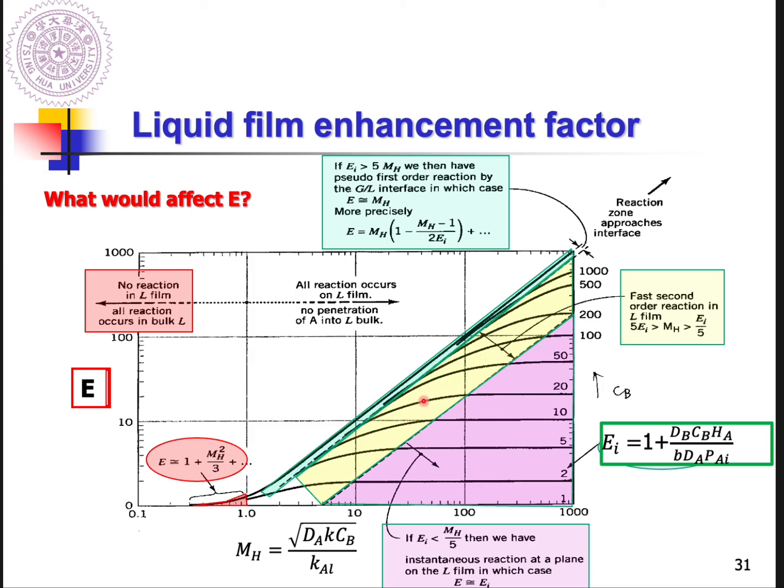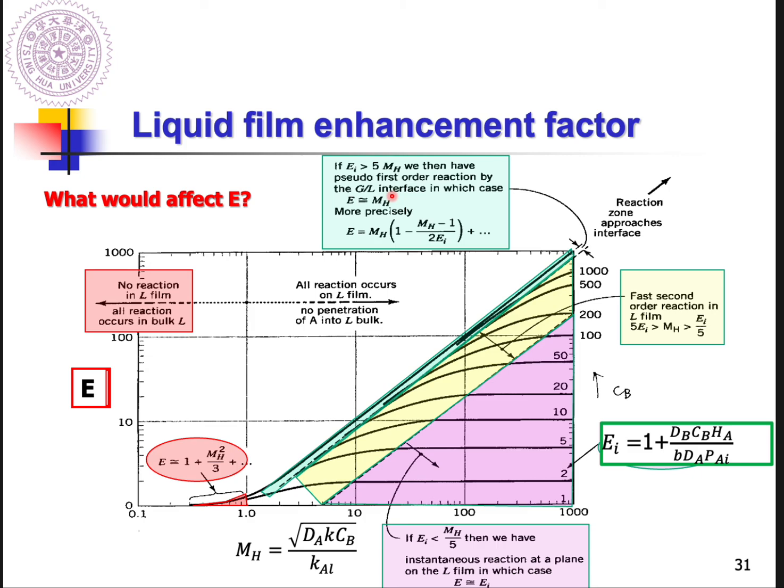In that case, you need to read out the value for E by using this plot. And if your EI is larger than 5 MH, then your reaction belongs to pseudo first. So for E, you just directly input MH, and you can get the RA formula.